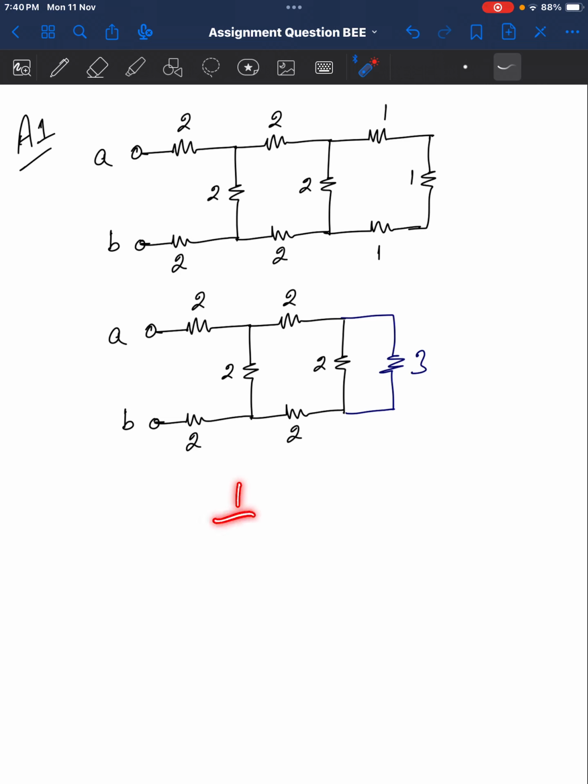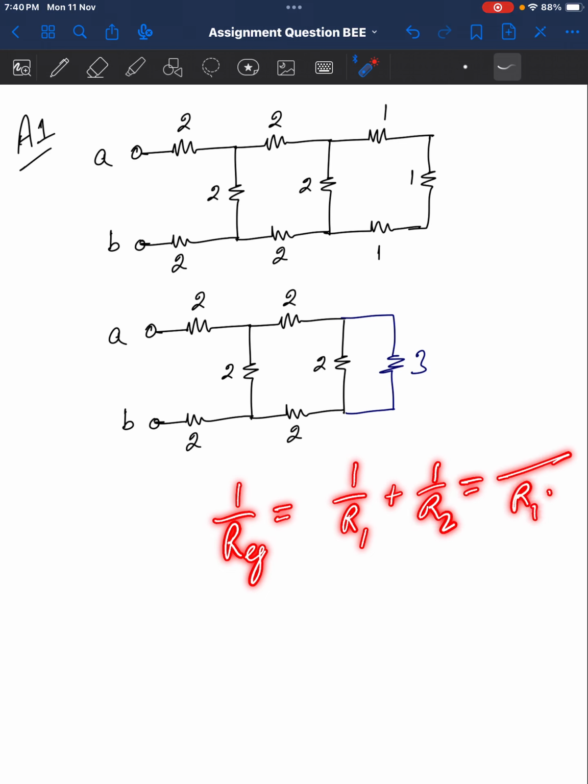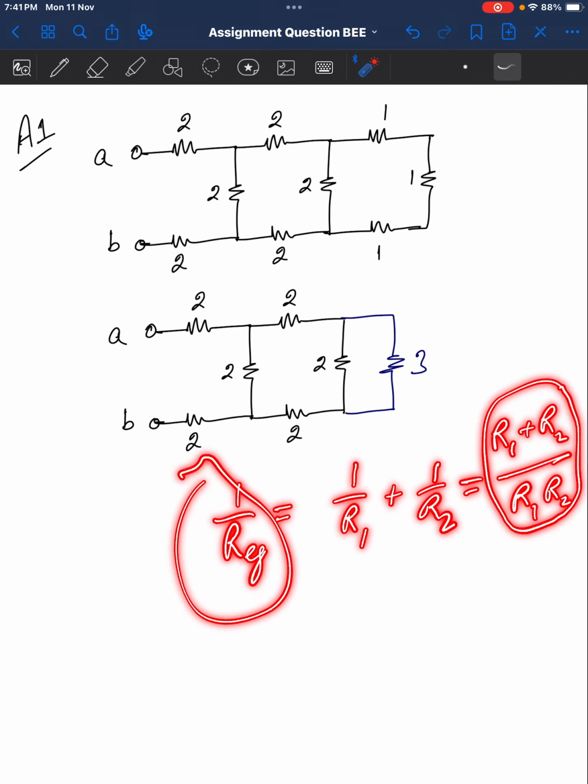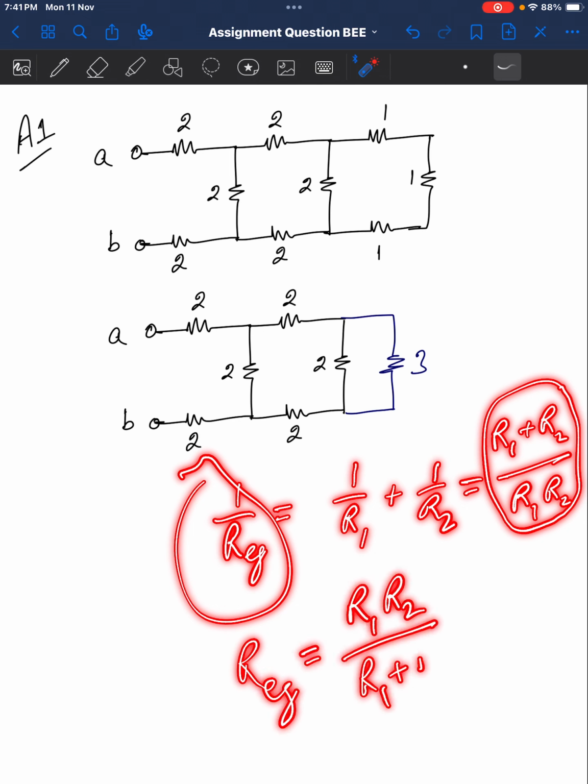We know that 1 by R equivalent is equal to 1 by R1 plus 1 by R2. If we take the LCM, it is R1 R2 in the denominator, and R1 plus R2 in the numerator. So we can write R equivalent is equal to R1 R2 by R1 plus R2.